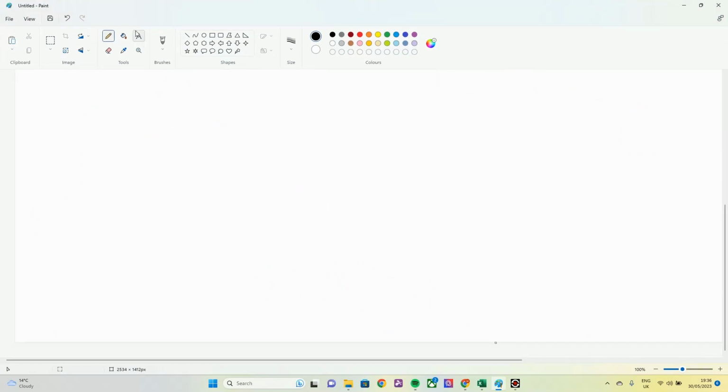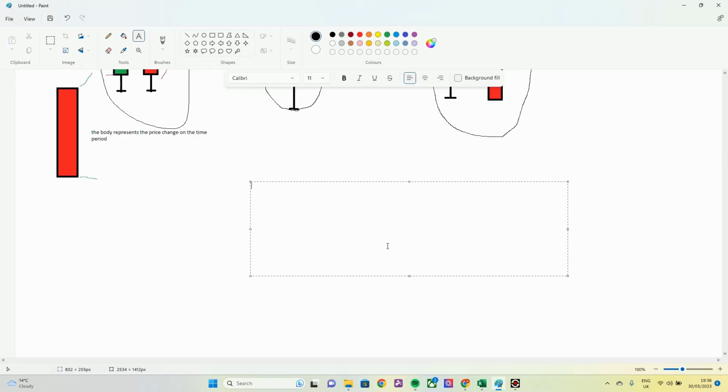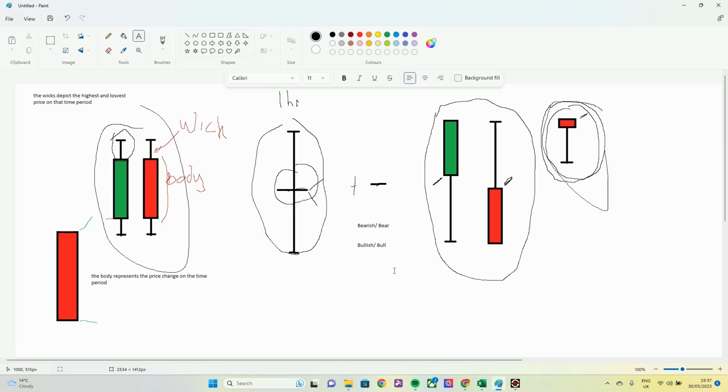Another bit of terminology to have a little think about is the words bearish and bullish, or bull and bear. So bullish and bearish will tell you whether the markets are going up or down.